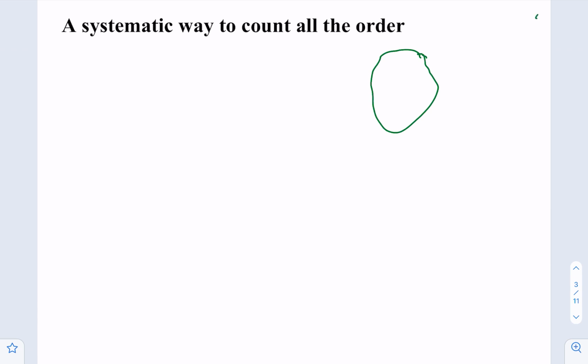So here this is the point of interest. And say here this is the origin of our coordinate system, and then this one is the r vector.